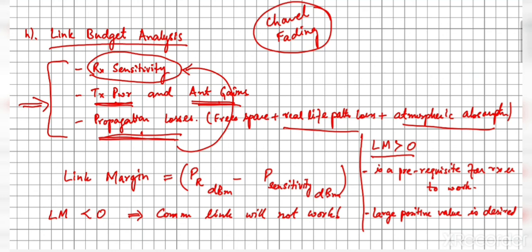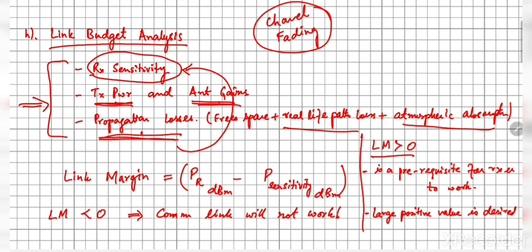In either case, whether it is a channel for wideband signal transmission or a channel with high mobility scenarios, a large value of link margin is needed to have robustness of the communication link performance.